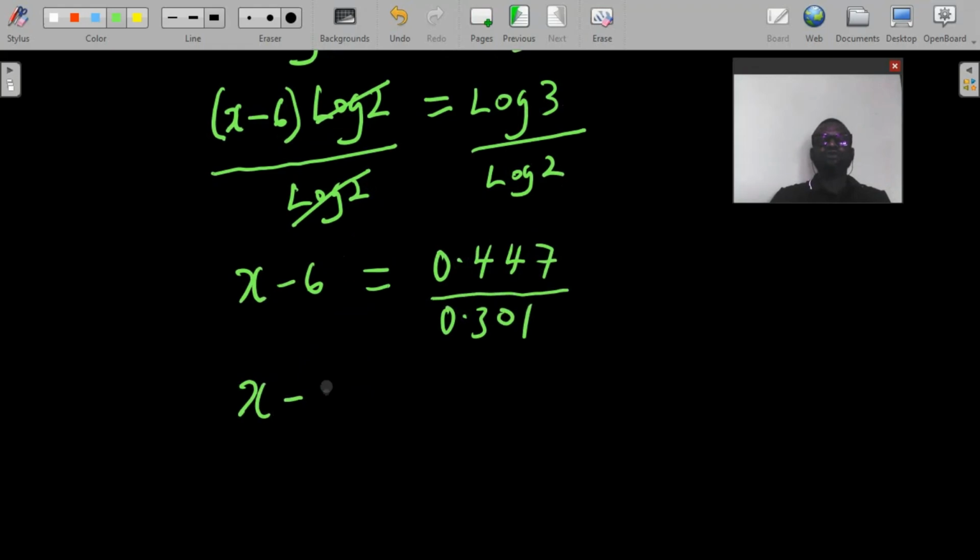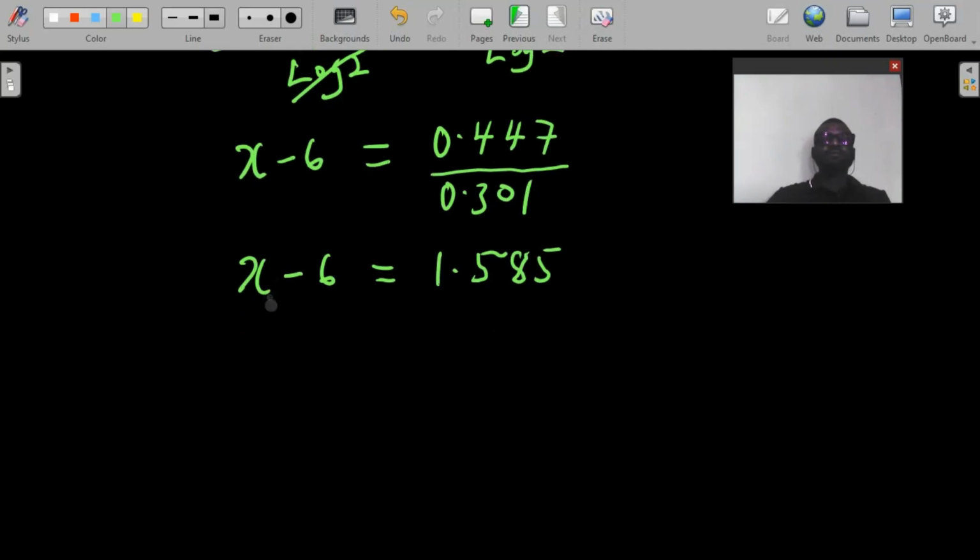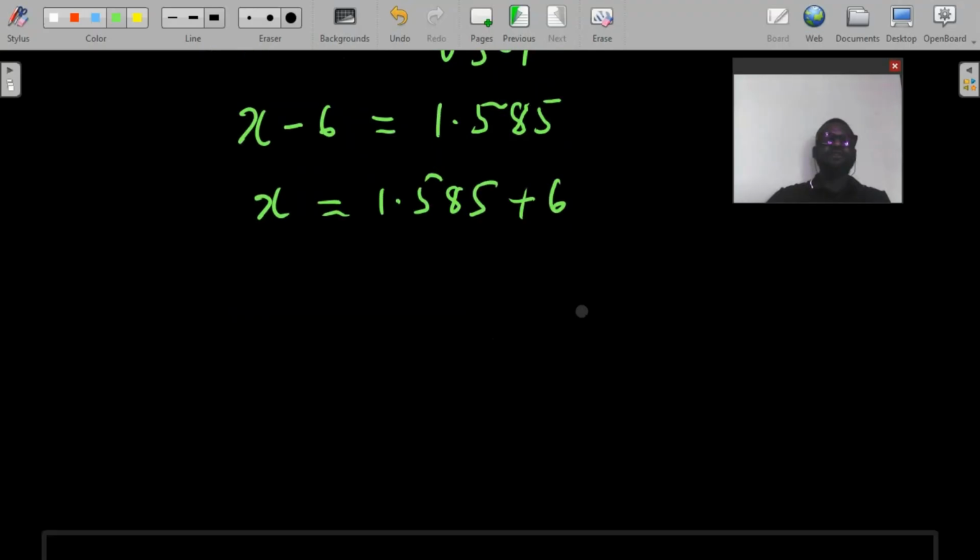So x minus 6 is equal to, when I divide this, I will have 1.585 approximately. Now my x become what? 1.585 plus 6. So the value of my x now is equal to 7.585. So this is the value of my x approximately.